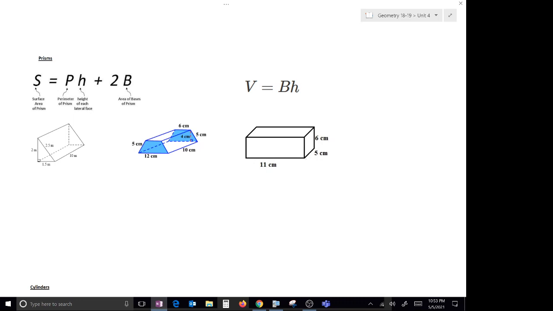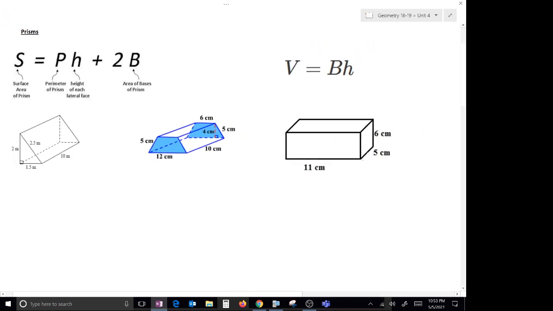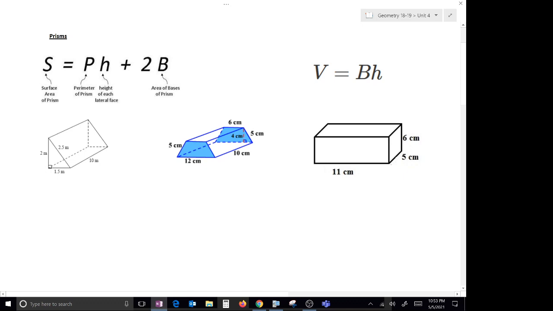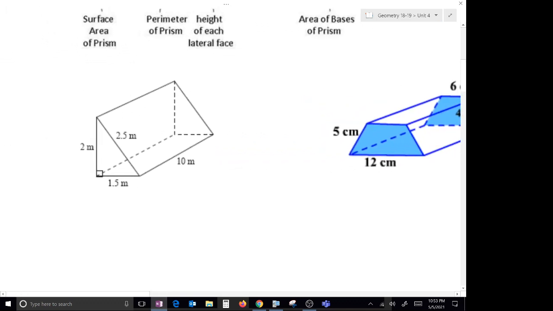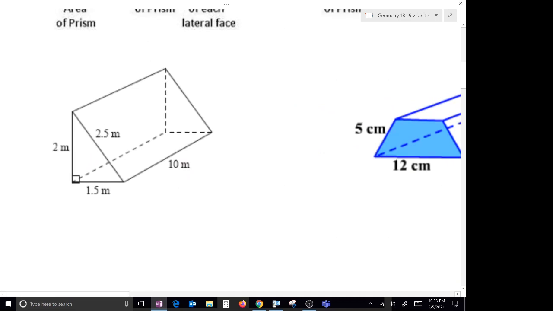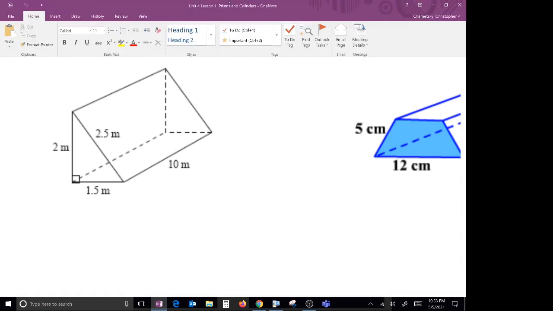So we're going to start with prisms, and we're going to specifically be talking about how we find the surface area and how we find the volume of prisms and cylinders. So a prism is basically something like what we see here. It is essentially two congruent bases.